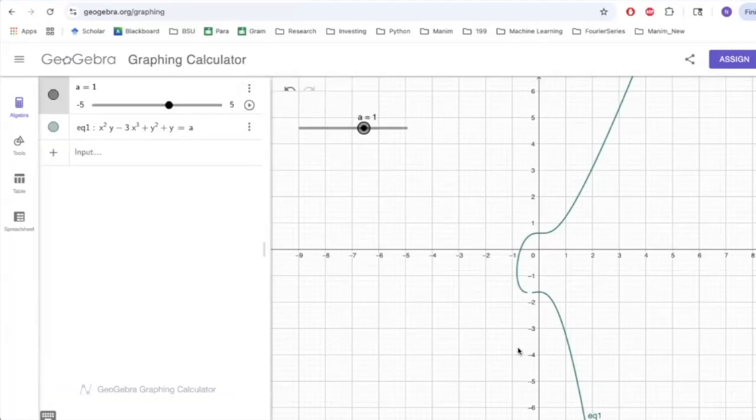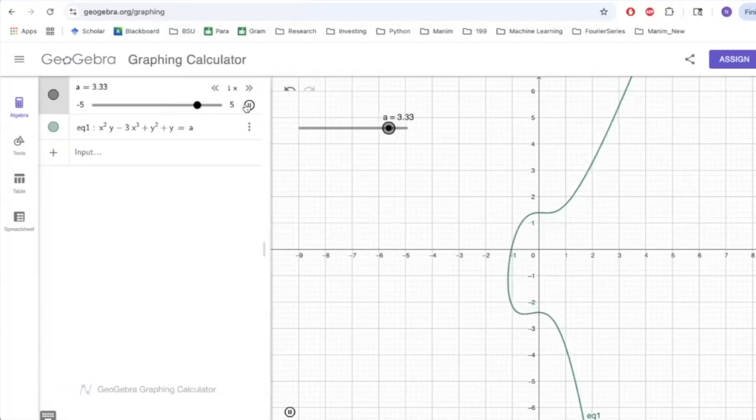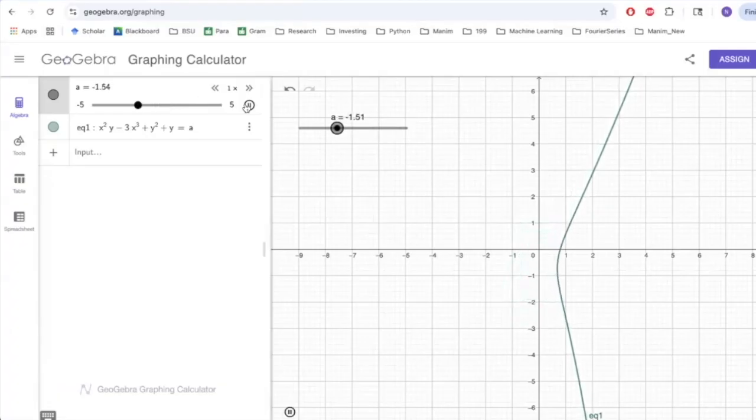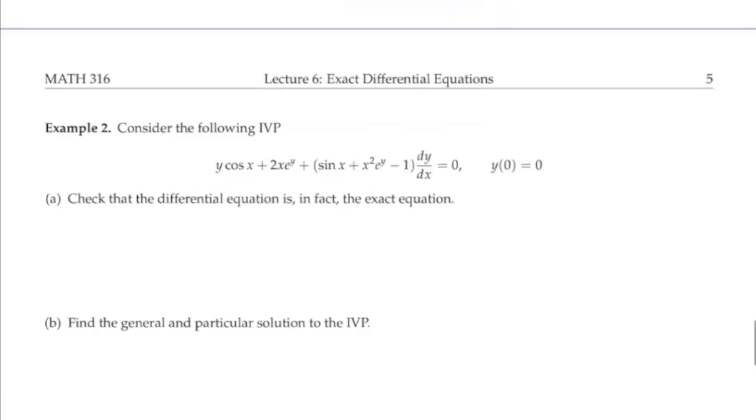So initially, this is what you got. This is the initial curve. If you have a different initial value, so different initial conditions, then you will have a different curve out of this. So you can animate and you can see a different shape of the solution curve. You can visualize it that way. Okay, so good. Moving on to example 2.